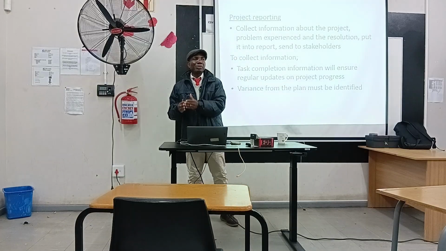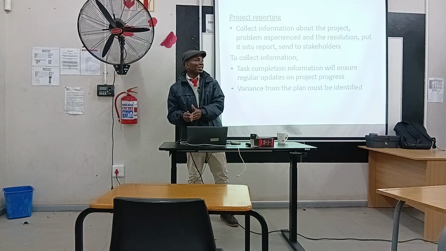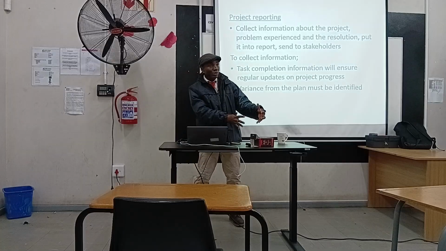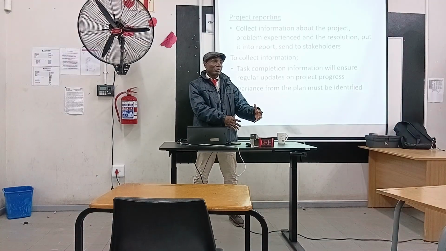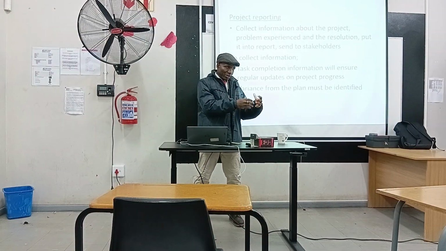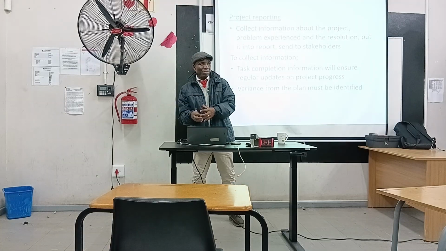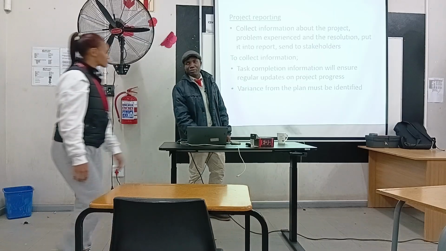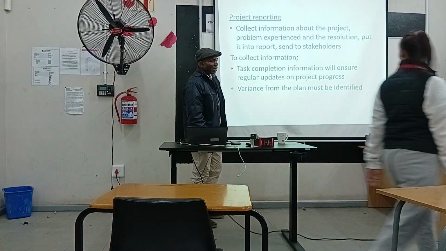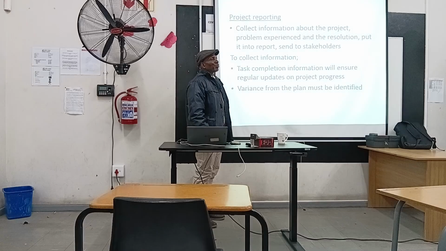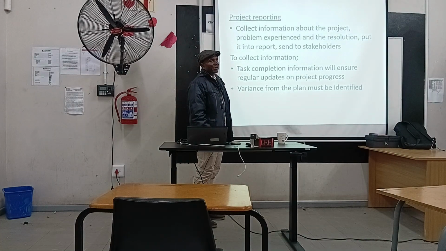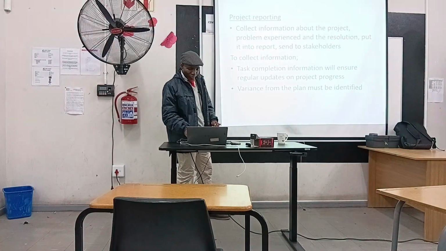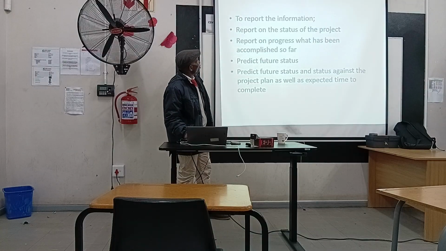So whatever is done on site during the execution of the project, you compare it with the standard. The difference between the standard and the performance is what we refer to as a variance. You know what a variance is? It's the difference between standard performance and actual performance. That is what we call variance, and such needs to be reported.